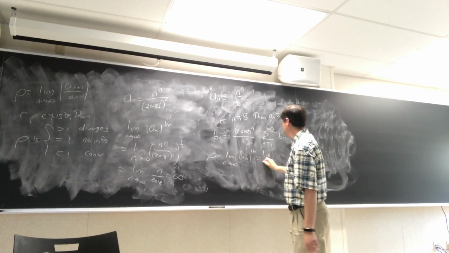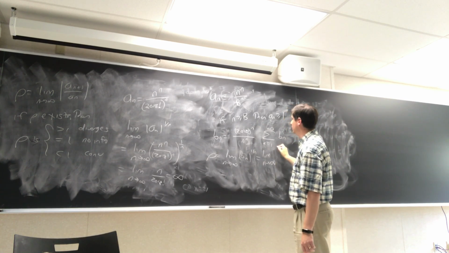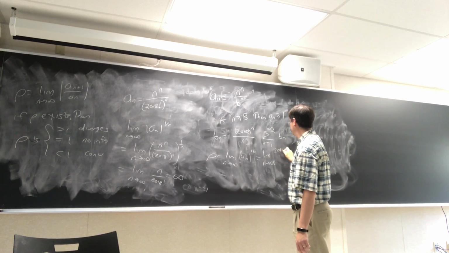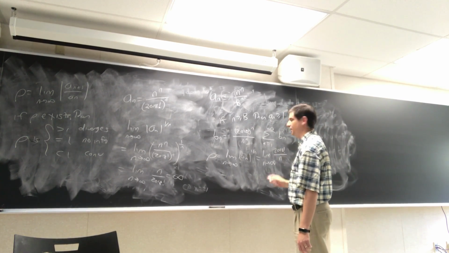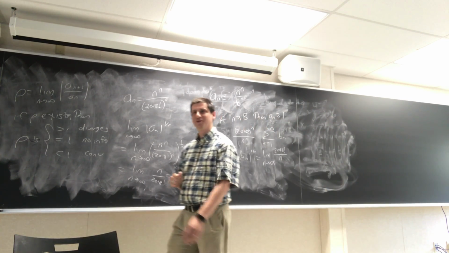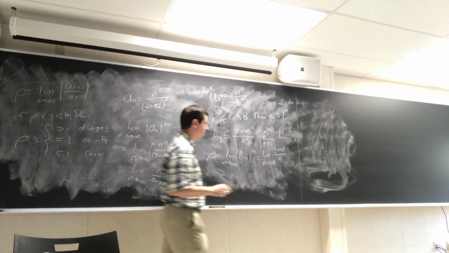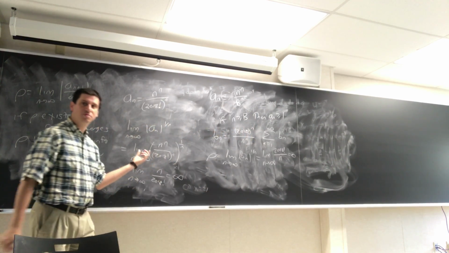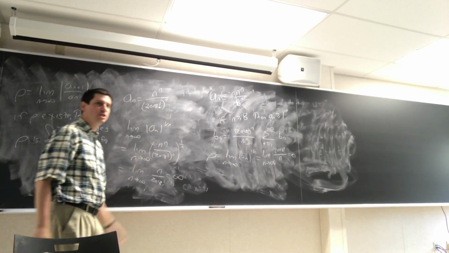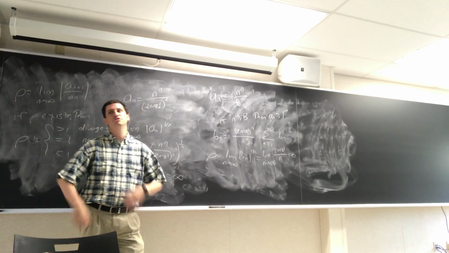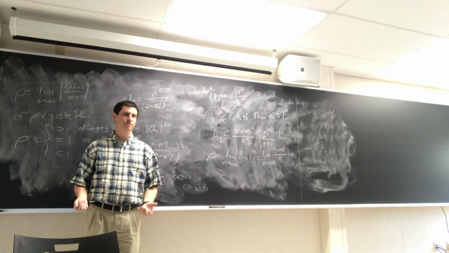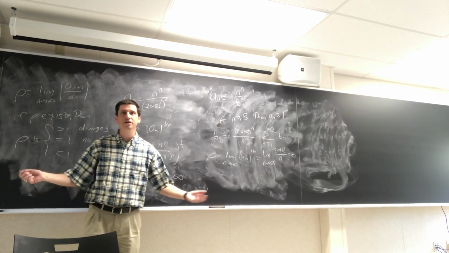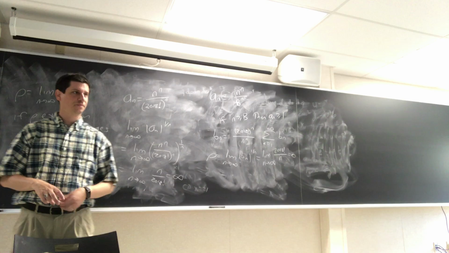It's the limit as n goes to infinity of 2018 factorial over n. And what's that limit going to be? 0. So I basically just took reciprocals. If the original sequence converges to rho, the reciprocal converges to 1 over rho. So if the original one was going to infinity, this one is going to go to 0.